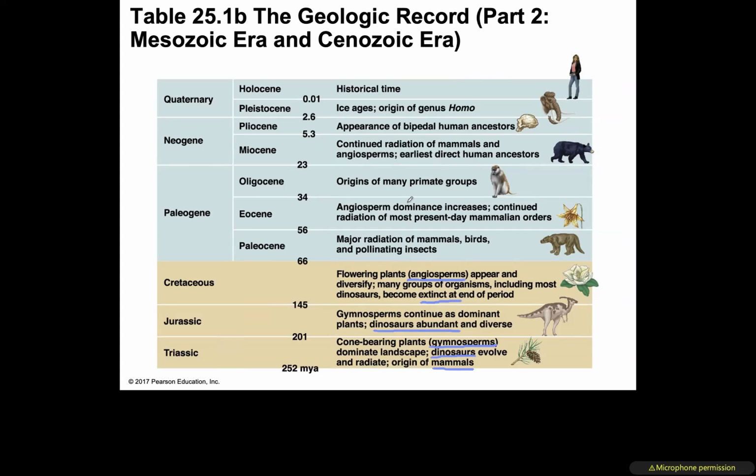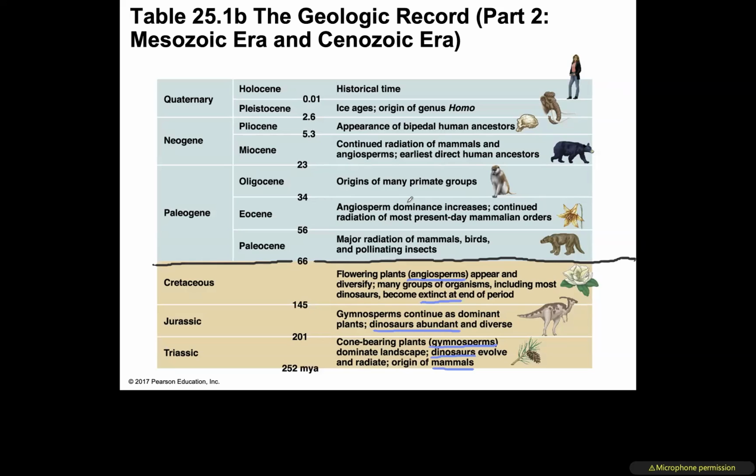So what do we have here? We have this right here. It says 66. Just about every text I read says, and yours is going to say that too, that dinosaurs became extinct 65 million years ago.